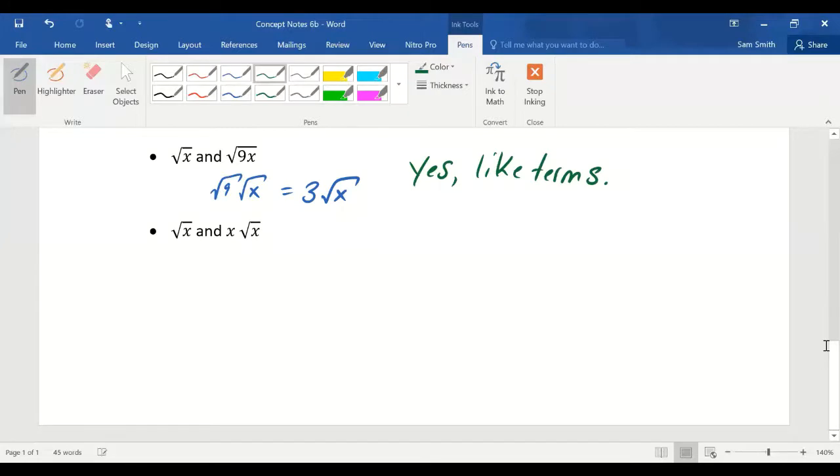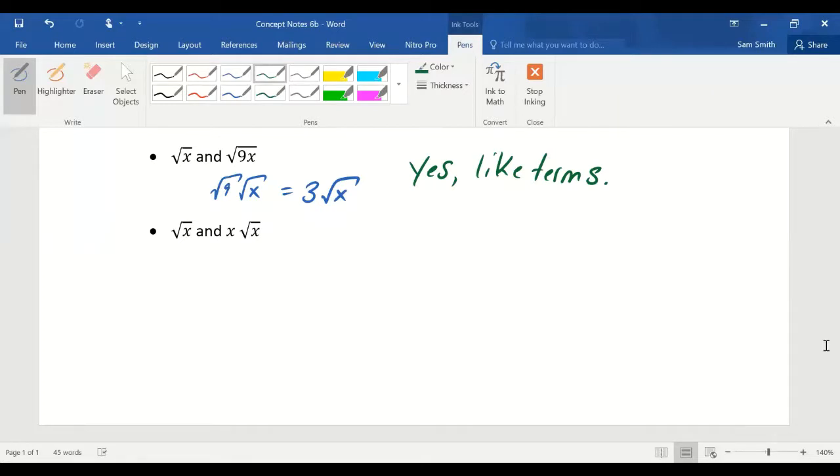Now have a look at this example, square root x versus x square root x. Again, I would have to say that these are not like terms. It looks good for a long time. You have the same index of 2, you have the same radicand of x, but the difference now lives on the outside of the root.